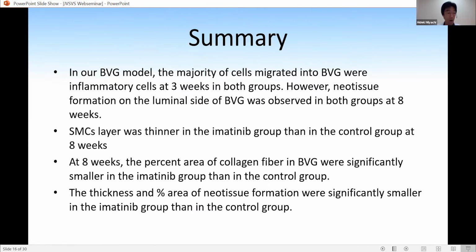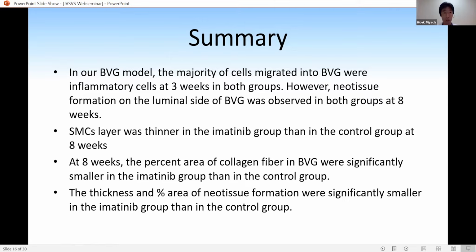In summary, in our BVG model, the majority of cells migrated into BVG were inflammatory cells, such as M1 macrophages, at 3 weeks in both groups. However, neotissue formation on the luminal side of BVG was observed in both groups at 8 weeks.